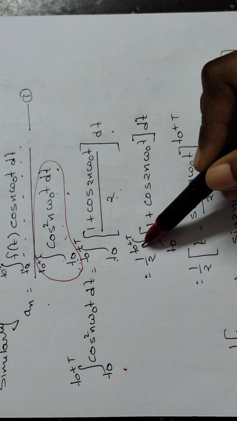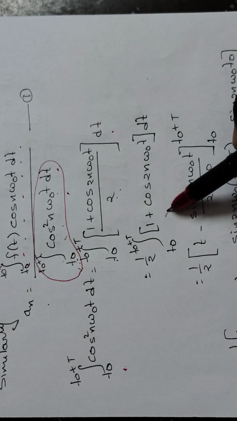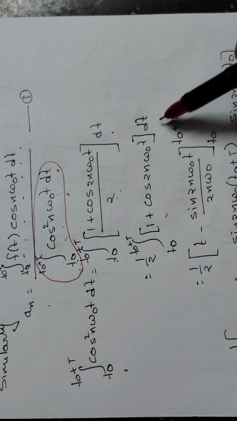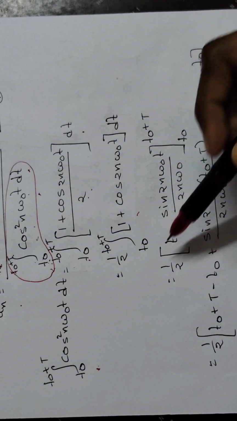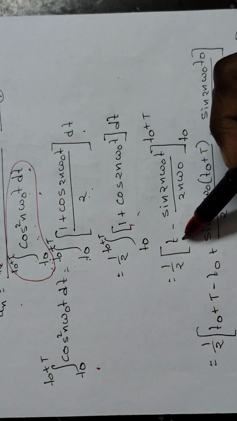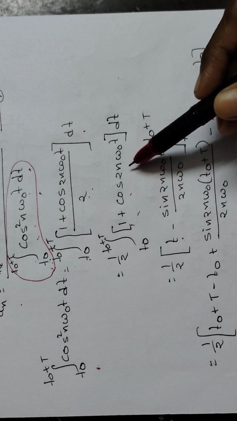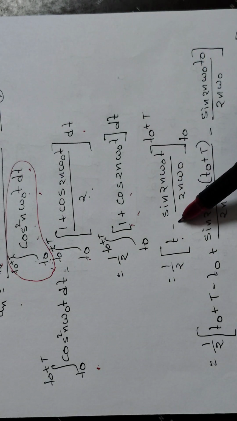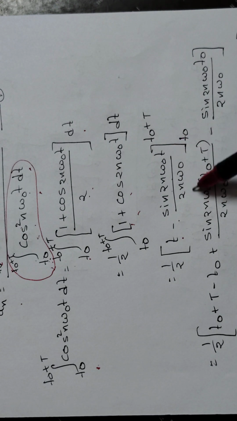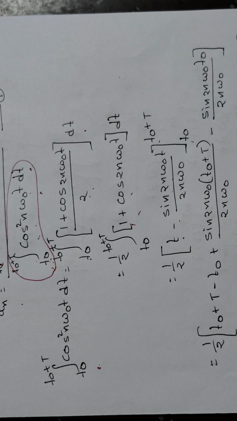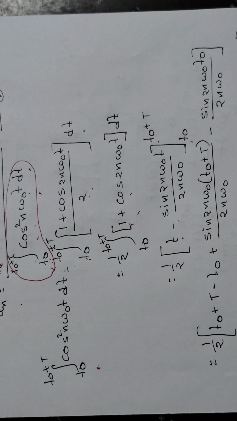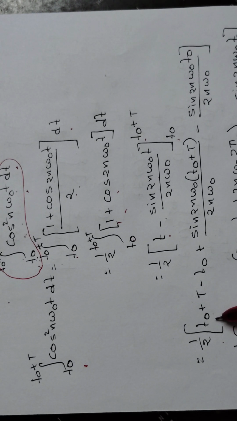The integral limits t naught to t naught plus T of 1 plus cos 2n omega naught t dt. Now integrate. The integration of 1 is t, and the integration of cos 2n omega naught t is sin 2n omega naught t divided by 2n omega naught, with limits t naught to t naught plus T. Right? Now substitute the upper limit and lower limit, with 1 by 2 outside.